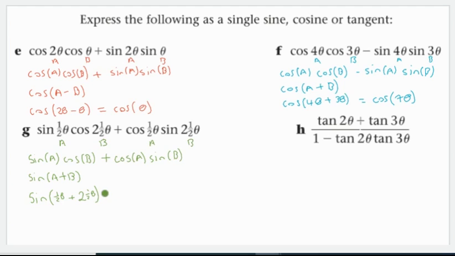So that overall simplification becomes sine of, well, 2.5 plus a half is 3. So that gives us 3 theta.